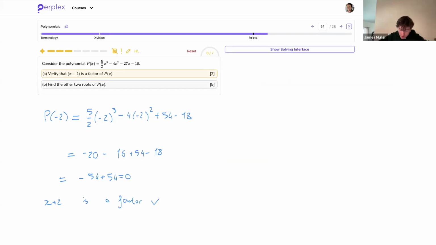Now what I can do is write down that the sum of the roots is going to be -4 over 5 over 2, which is 8 over 5. And the product of the roots is going to be -1 to the power of 3, because I have a cubic polynomial, times -18 over 5 over 2. And that is going to give me 36 over 5.